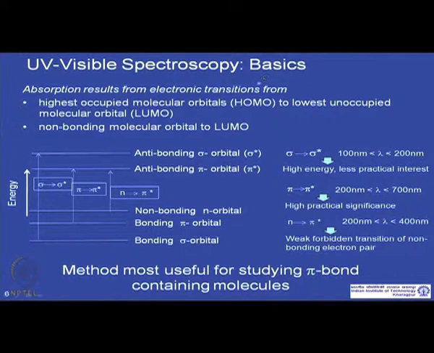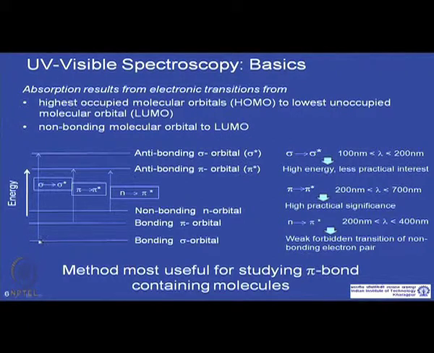In terms of the basics of UV visible spectra, it is basically electronic transitions from the highest occupied molecular orbital to the lowest unoccupied molecular orbital, HOMO and LUMO. Sometimes the non-bonding molecular orbitals are the highest occupied orbitals, and then an electronic transition may happen from a non-bonding molecular orbital to the lowest unoccupied molecular orbital.